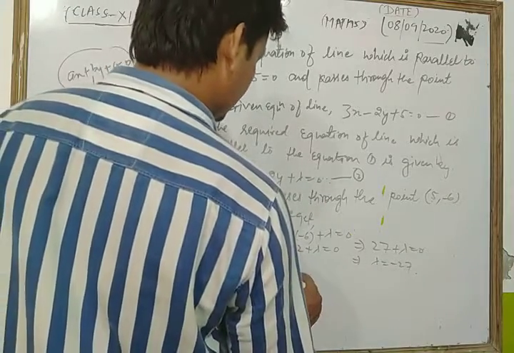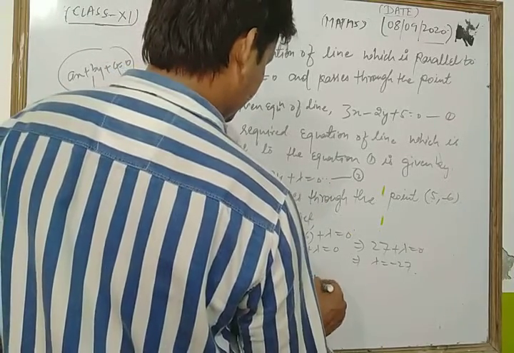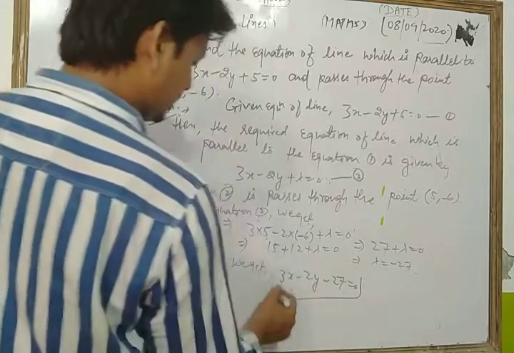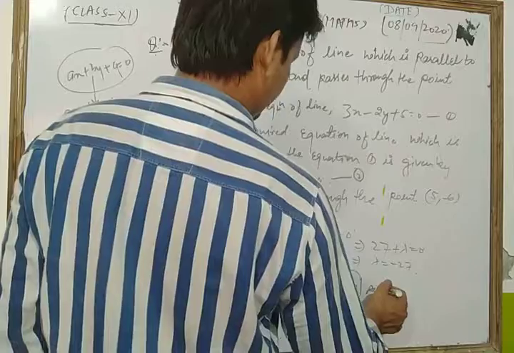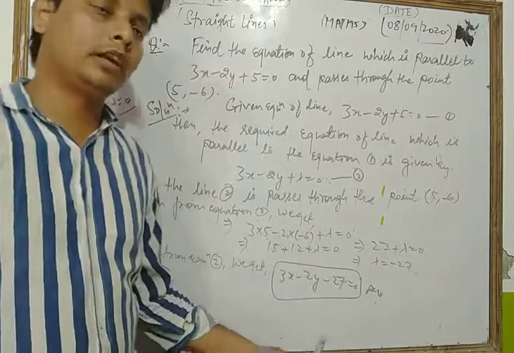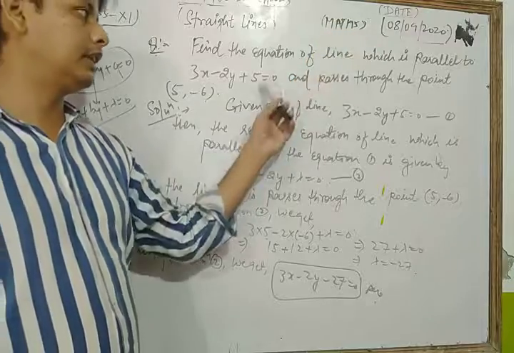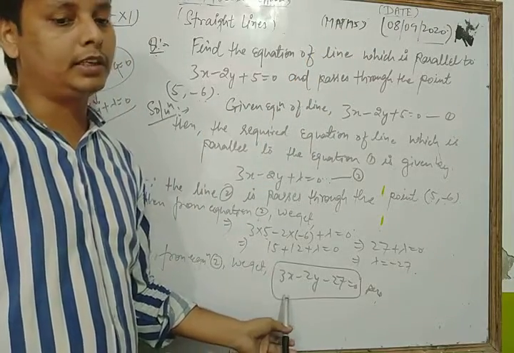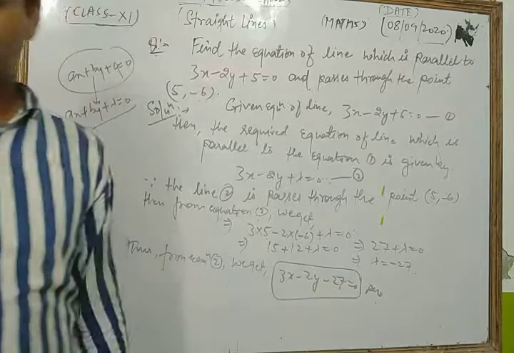So we get 3x minus 2y minus 27 is equal to 0, which is the required equation of line. This is the required equation of line which is parallel to the given line and passes through the point 5, minus 6.